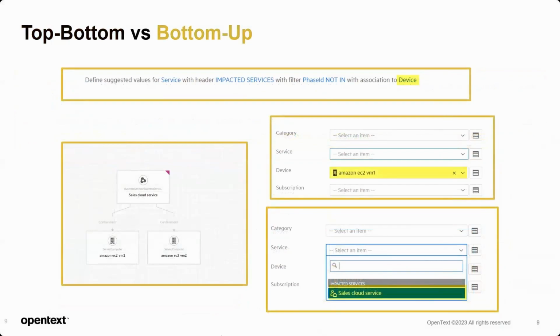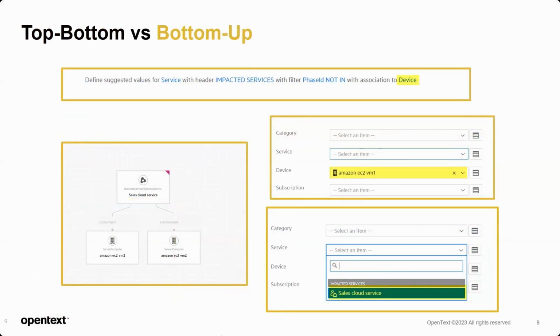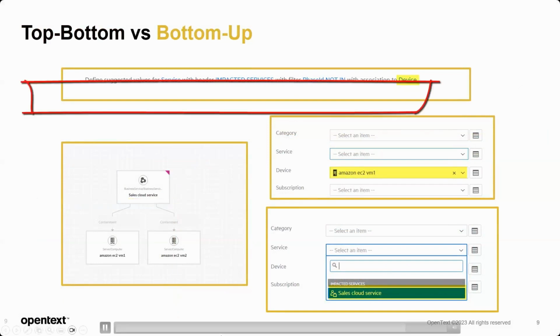Okay, let's move on. Let's see the bottom-up result. The same background. We have the actual Sales Cloud service that contains two VM devices. The business rule lists the service associated with this device. Here's the result.